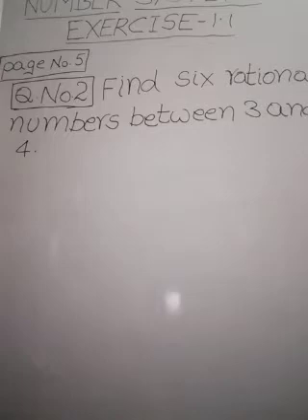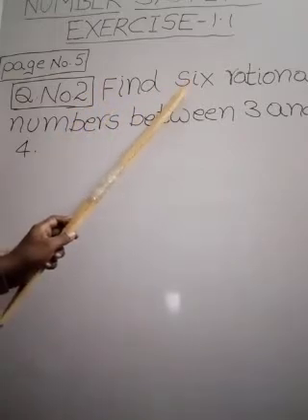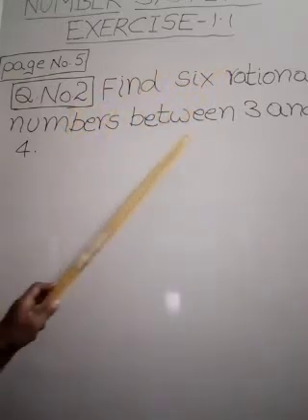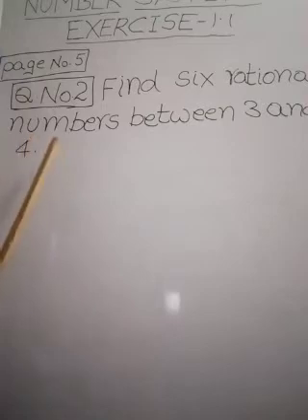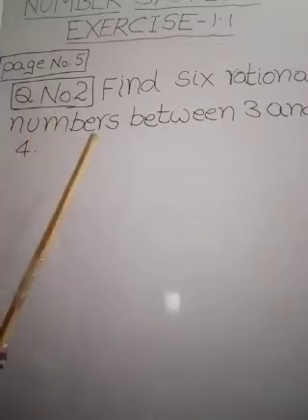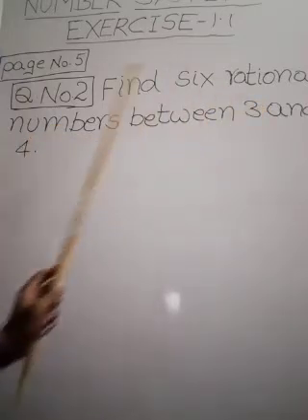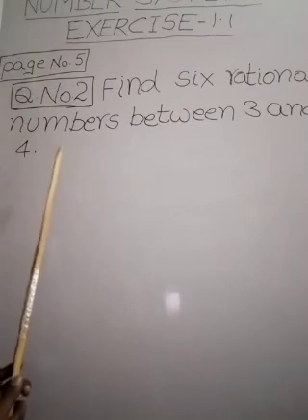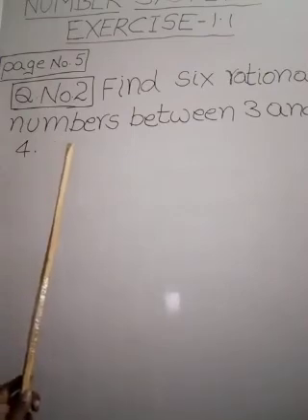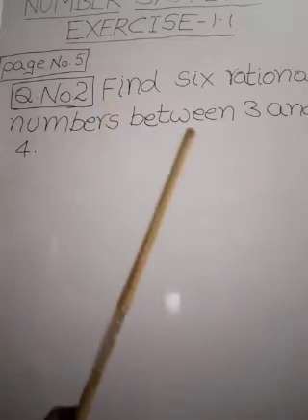Now come to question number 2 in exercise 1.1. Find 6 rational numbers between 3 and 4. Understood, my dear children? Between the numbers 3 and 4, we have to find 6 rational numbers.